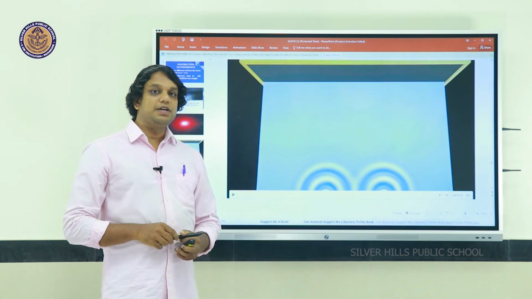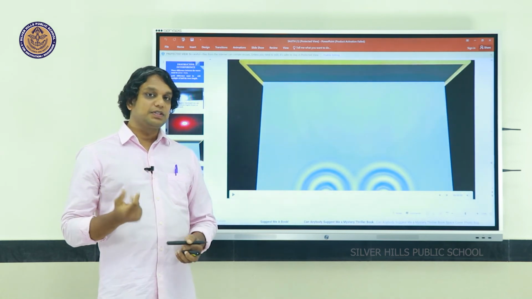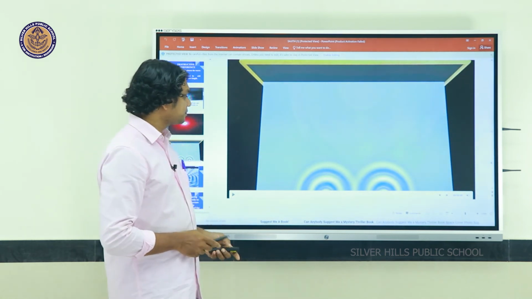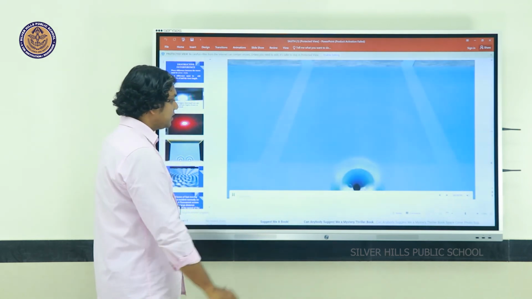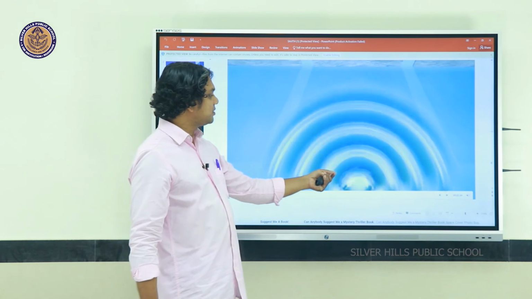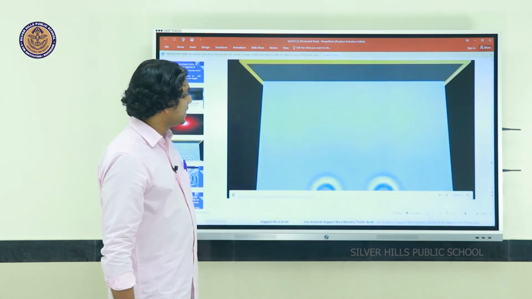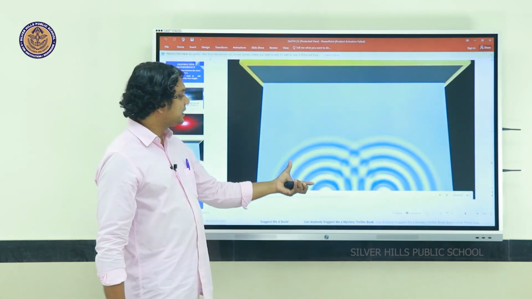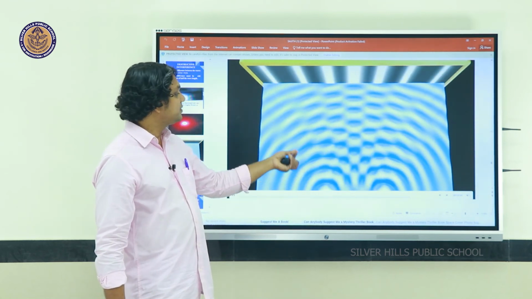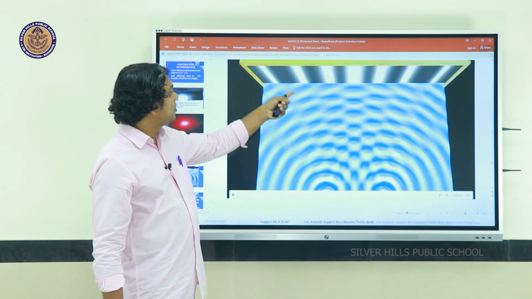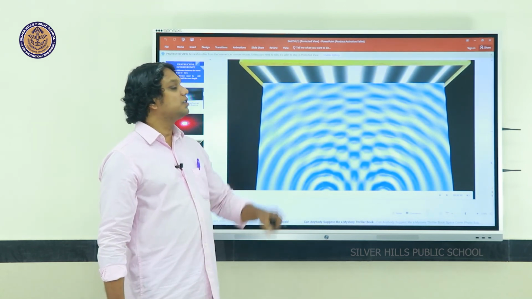One wave should superimpose with the other wave. Here, just as a general view, you can see that the wave is propagating from the main source, and then there are two slits, and from the two slits the waves emanate again, and we get the superposition.